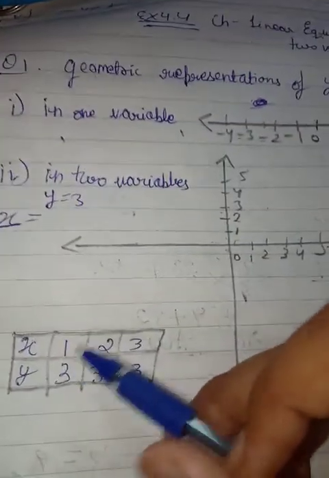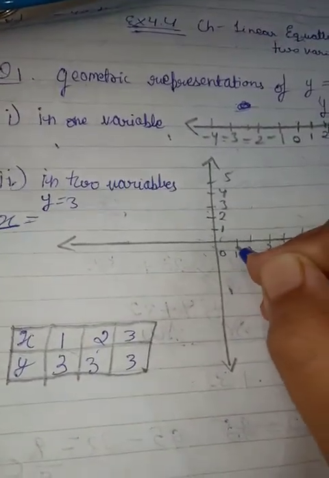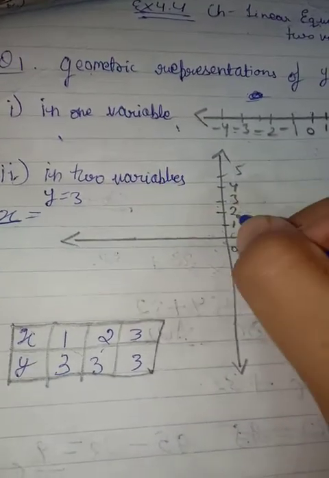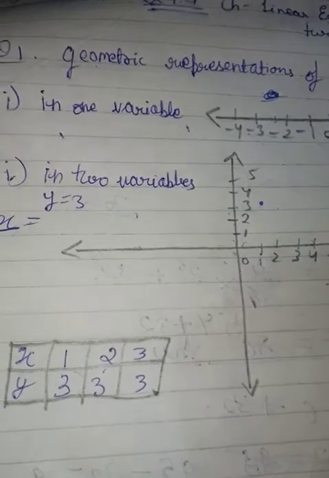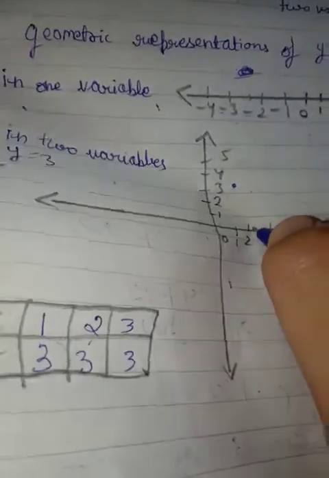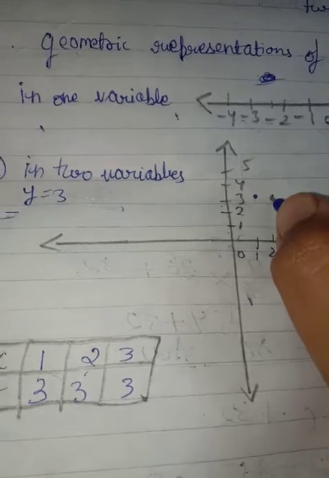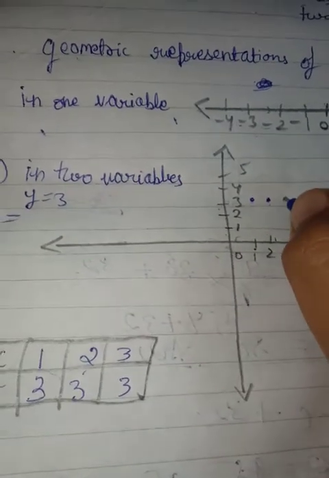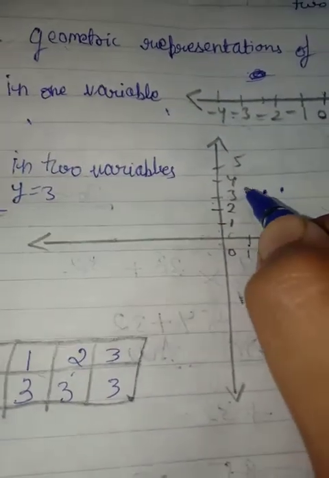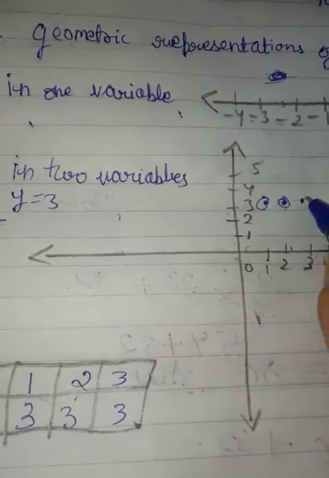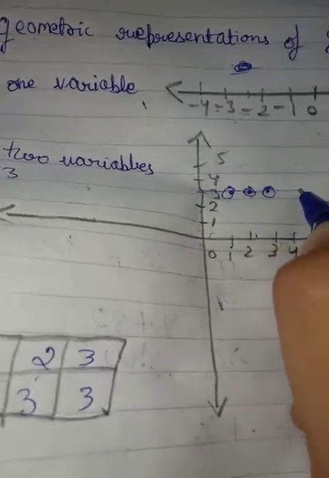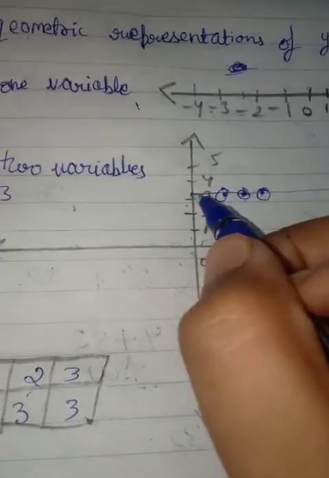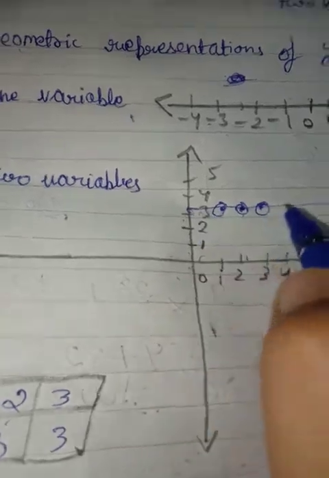So x here is given 1. So x is 1 and y is 3. So we will plot this here, and on the other side x is 2 and y is 3. So we will get one straight line passing through 3.